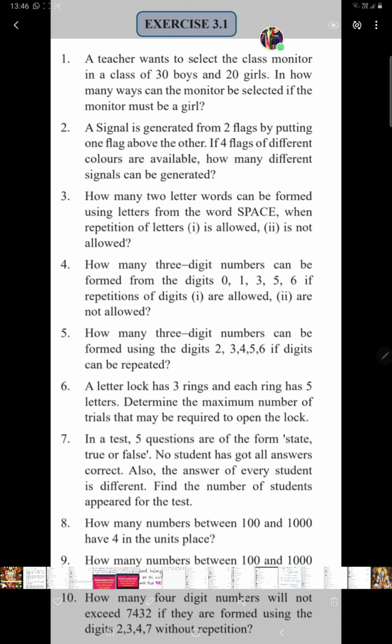How many two-letter words can be formed using letters from the word SPACE when repetition of letters is allowed and is not allowed? Two different cases. If repetition is allowed, how many two-letter words can you form? If repetition is not allowed, then how many two-letter words can be formed? What is the given word?